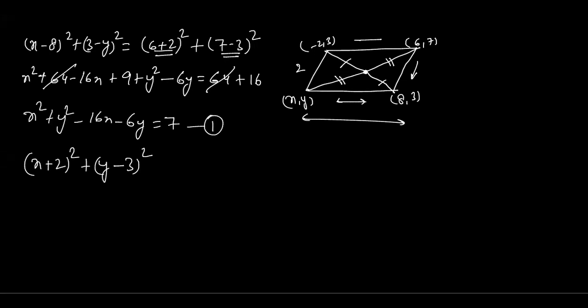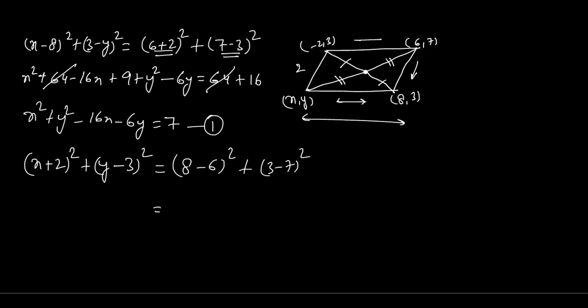Actually what I did here is x minus 8 and y minus 3. Here this is equal, so that is equivalent to 8 minus 6 whole square, then plus 3 minus 7 whole square.